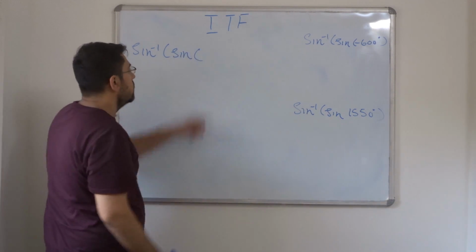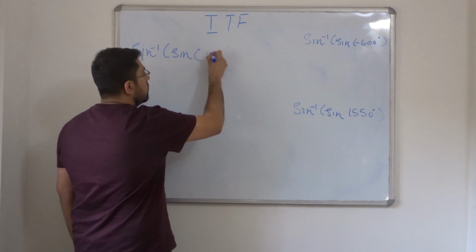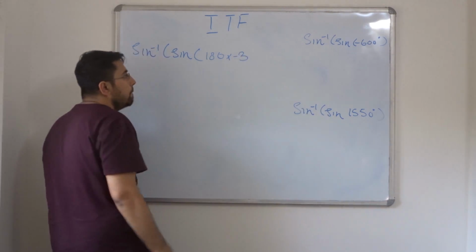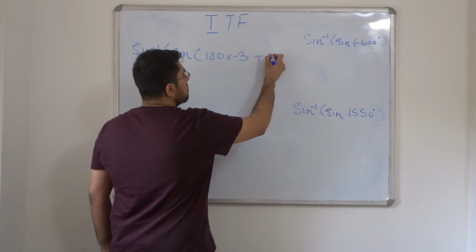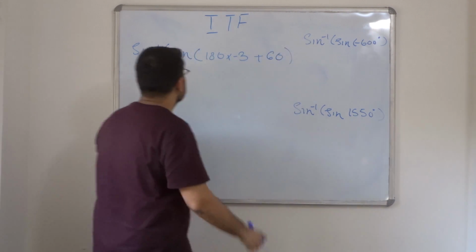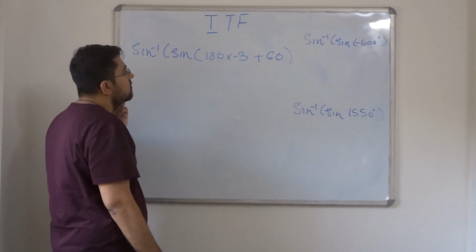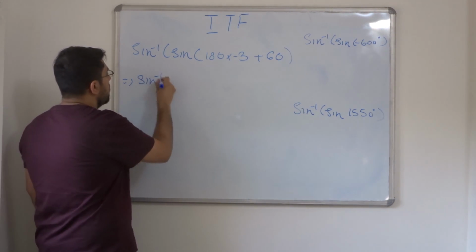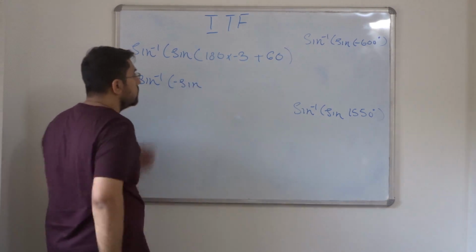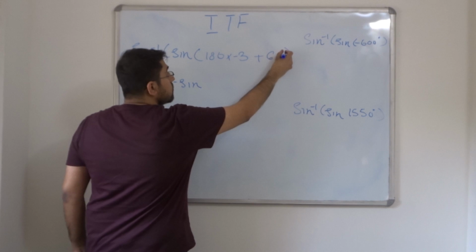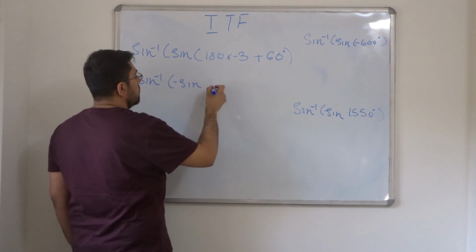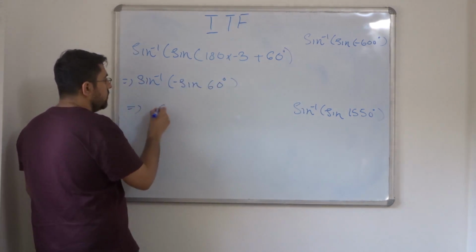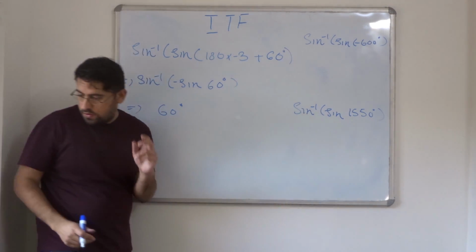Okay, so for this one now, guys, you can do this. Look, you can do 180 multiplied by negative 3, plus 60, okay, and then now here you can have negative sine 60, and then the answer you get here is 60.